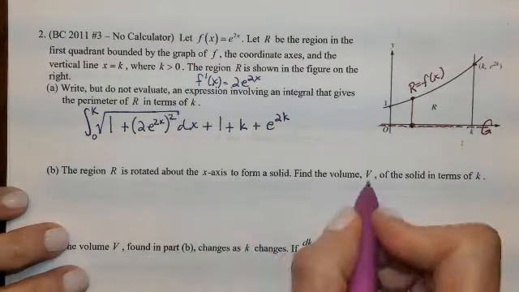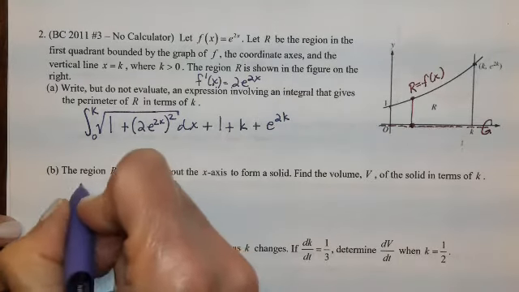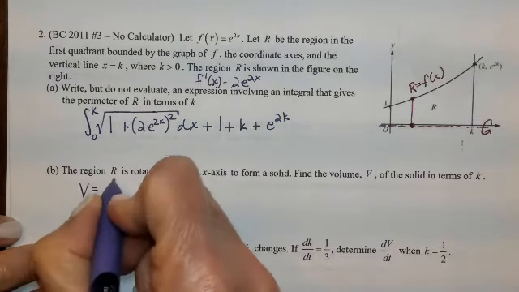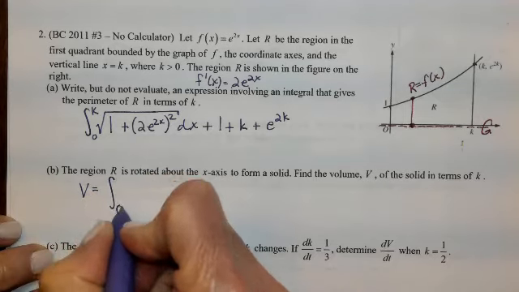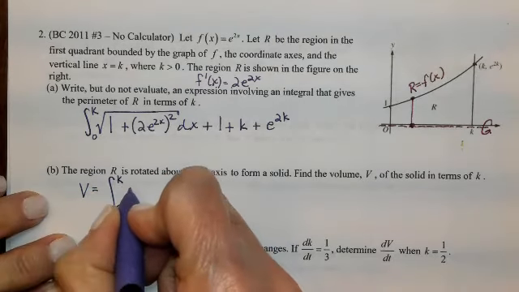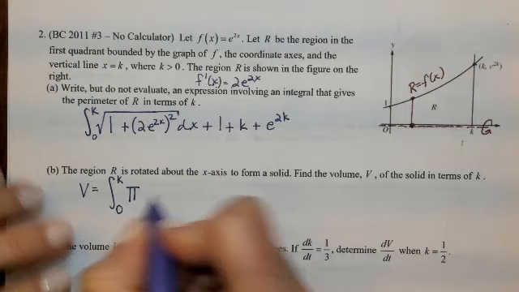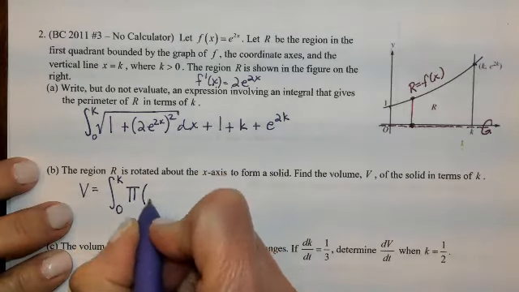So our volume will be the integral from x equals 0 to x equals k of pi times big R squared.